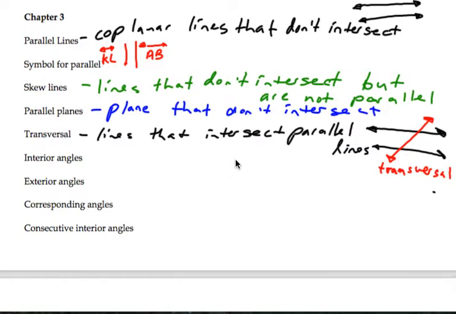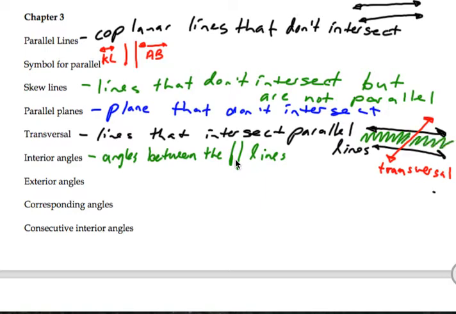So interior angles are going to be the angles between the parallel lines. So I wrote between the parallel lines. So that's going to be all the stuff here that I'm scribbling in green in my black and red one. Then we have exterior angles.